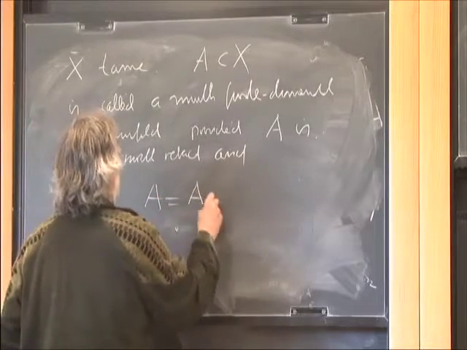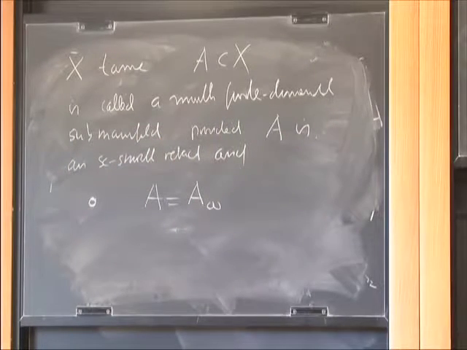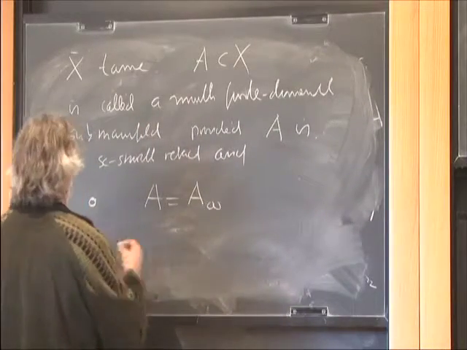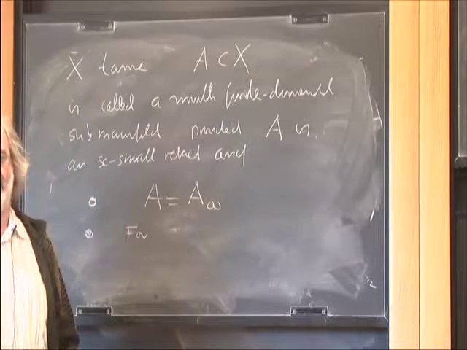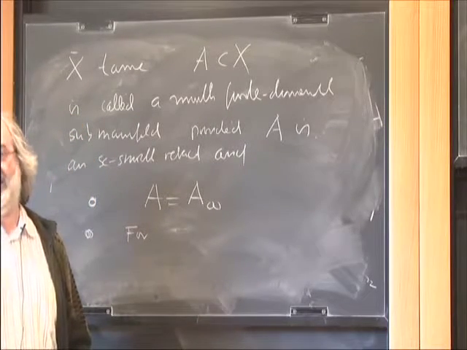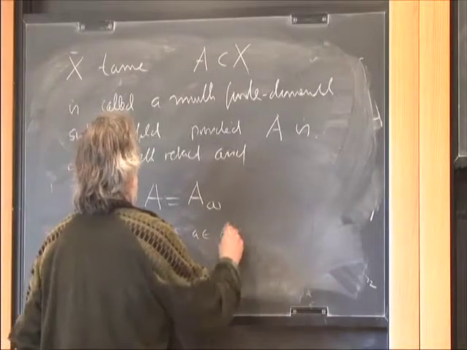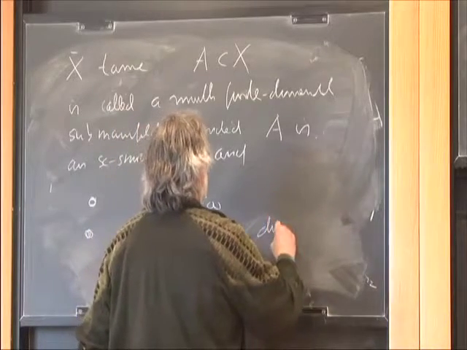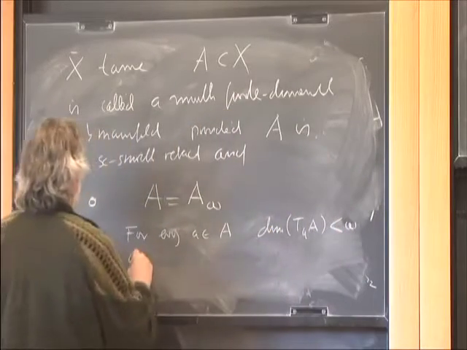A equals A infinity. So this means the first thing, all points are smooth, or on the infinity level. And the second thing, since now every point is smooth, every point has a tangent space. If you have non-smooth points on level 0, they don't have a tangent space. So for every a in A, the dimension of T_aA is finite and locally constant.